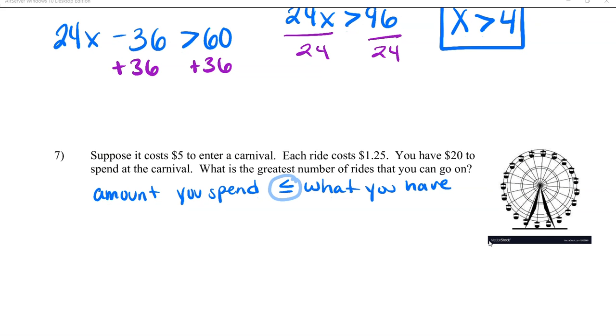So let's set up a verbal model to help us set this inequality up. So either way, we're paying that entrance fee. That's a one-time purchase. We then need to pay for each ride. So we're adding the cost of each ride.